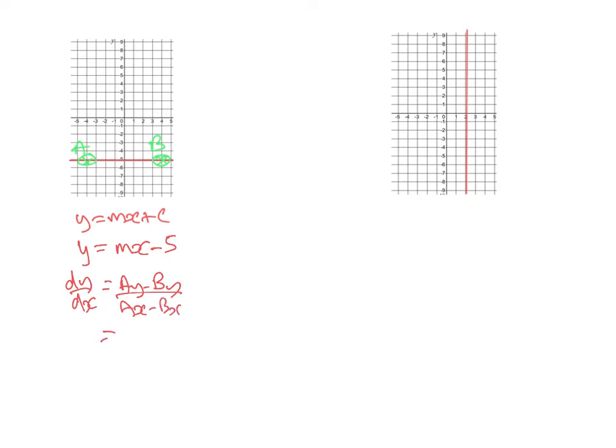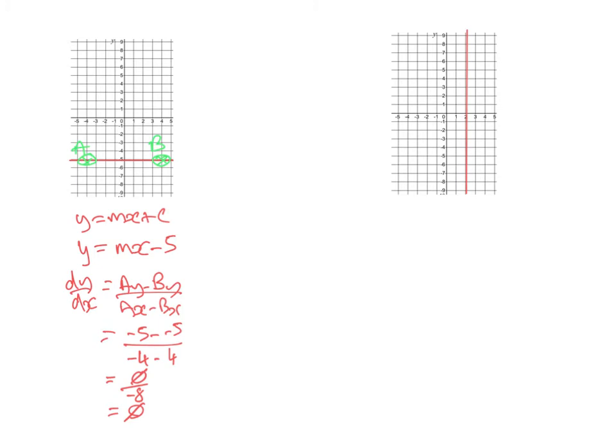So what's the y value for A? Well, that's -5. Take away the y value for B, which is -5. And the x value of A is -4, take away the x value of B, which is +4. So -5 take away -5 gives you 0. 0 divided by -4 take away 4, which is -8, equals 0. So the gradient of this is 0.